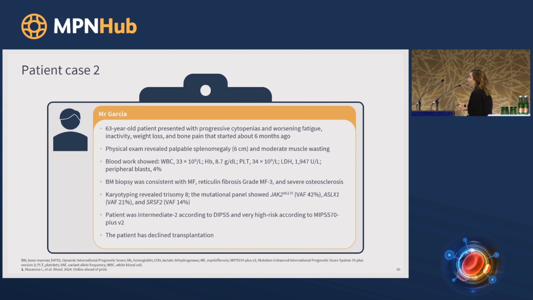At physical examination, splenomegaly is palpable 6 centimeters below the costal margin, and the blood test showed leukocytosis with a moderate anemia and a severe thrombocytopenia. Also in this case, the patient refused transplant.